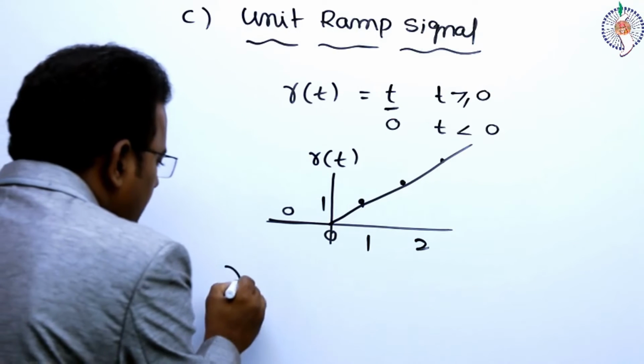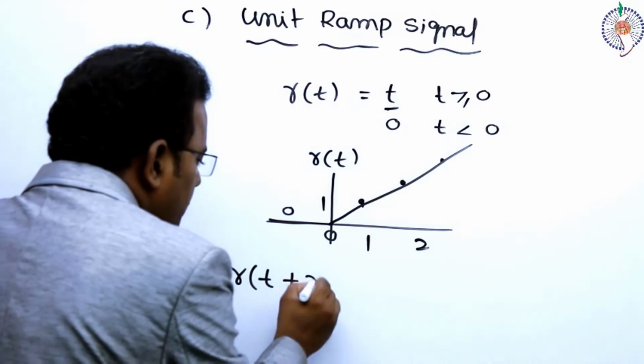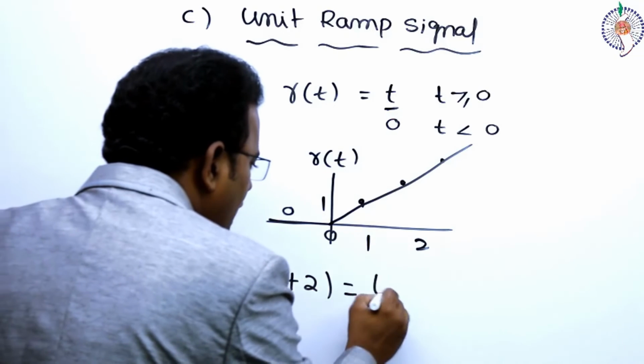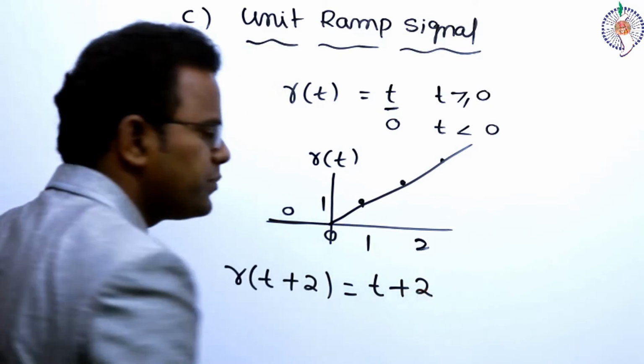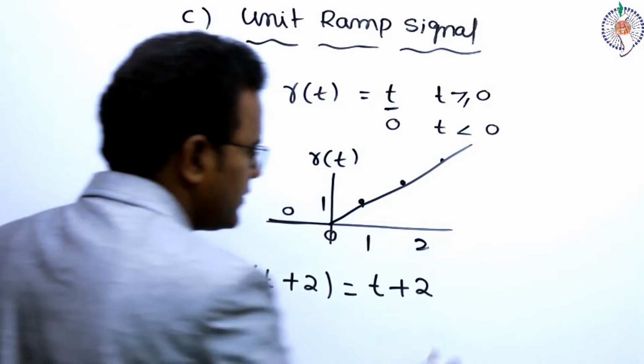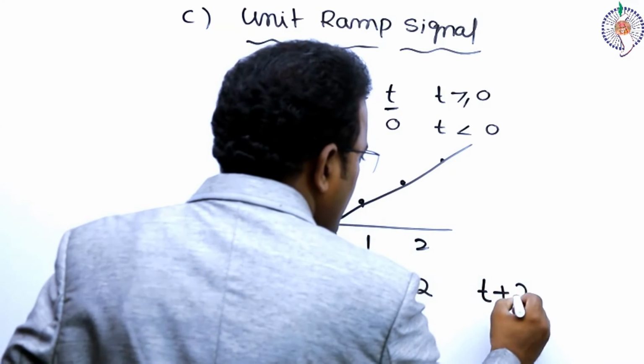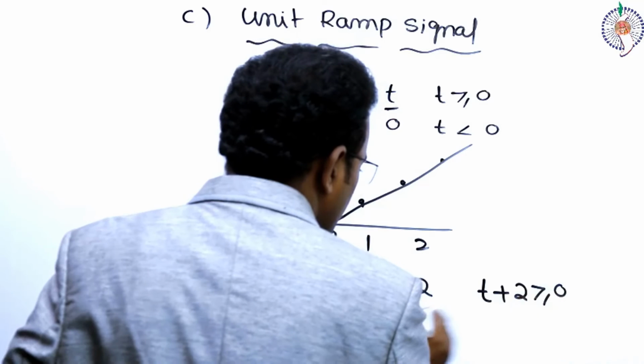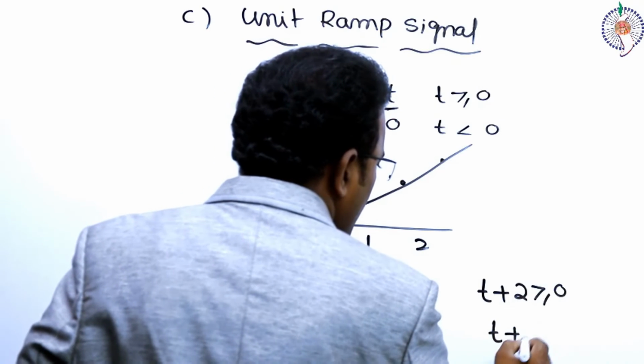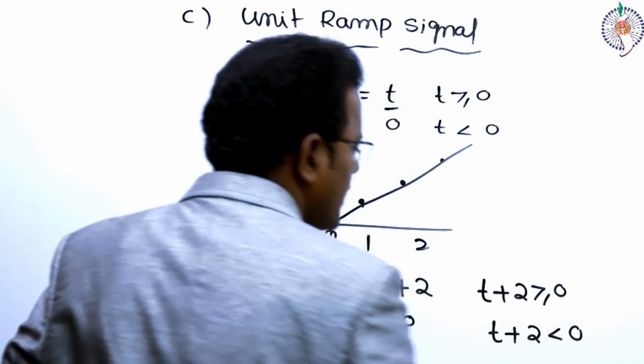For example, I have r of t plus 2. Its value is t plus 2 when the argument is greater than or equal to 0, and 0 when the argument is less than 0.